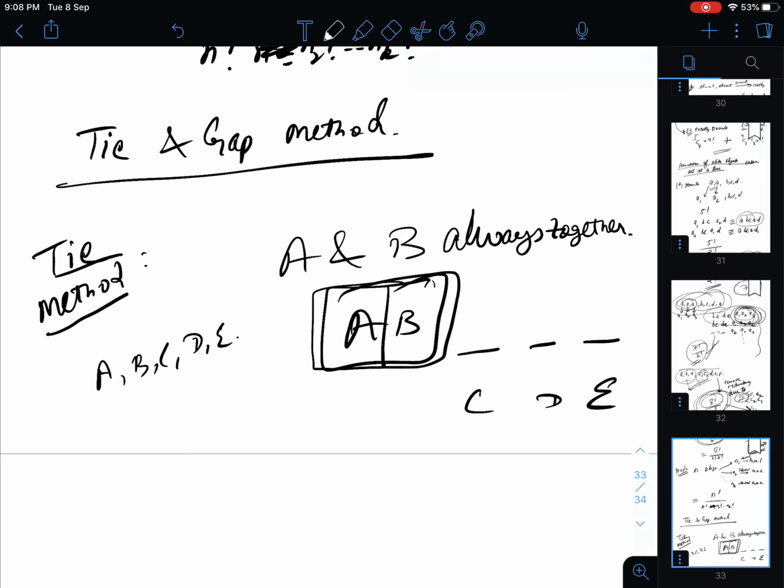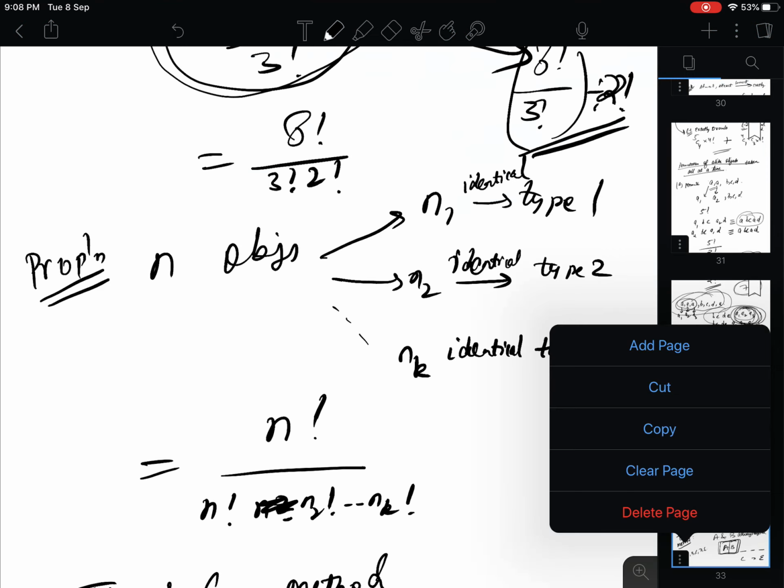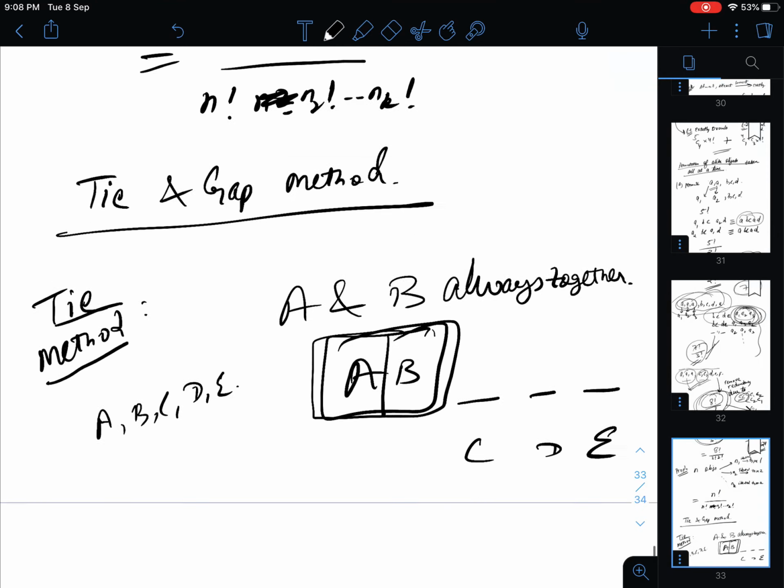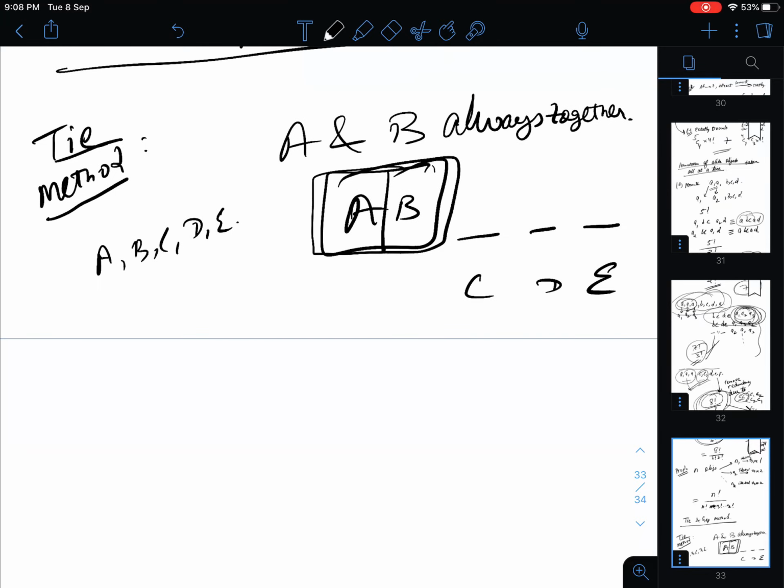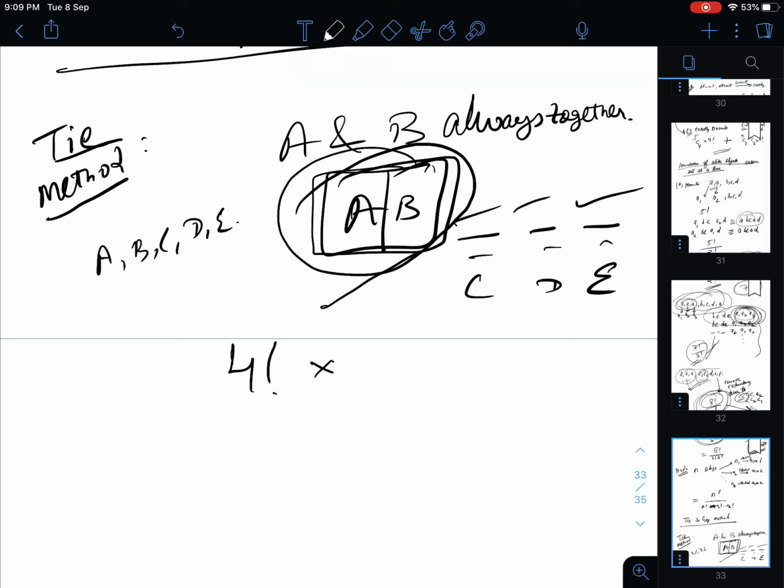So we have 4 places now, 1 unit and 3 other objects. So 4 factorial is the number of arrangements in which you can permute these 4 objects, multiplied by 2 factorial, because A and B can permute amongst themselves as well. So this is precisely the number of arrangements in which A and B are always together.